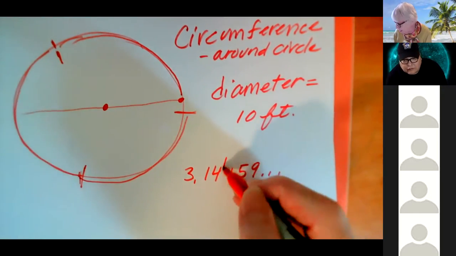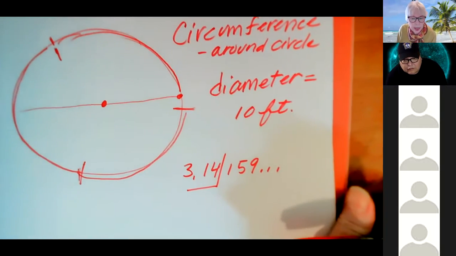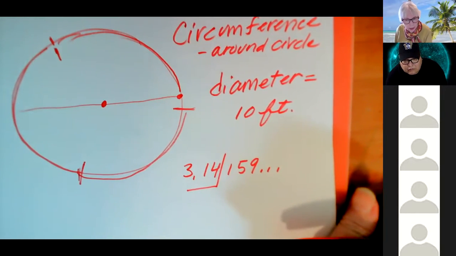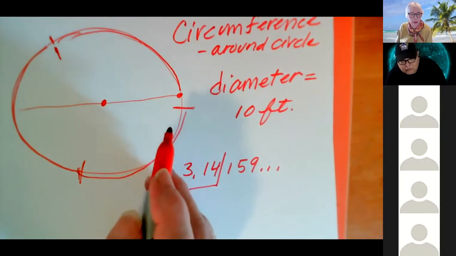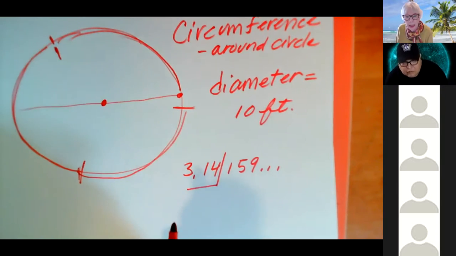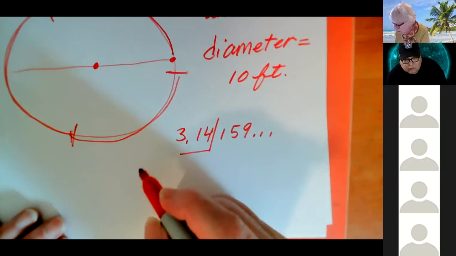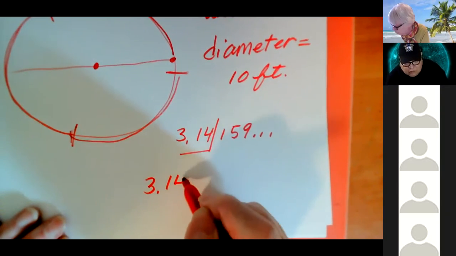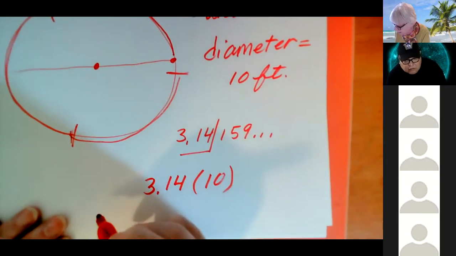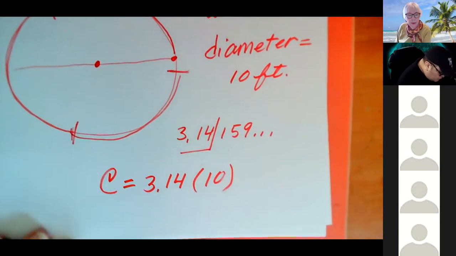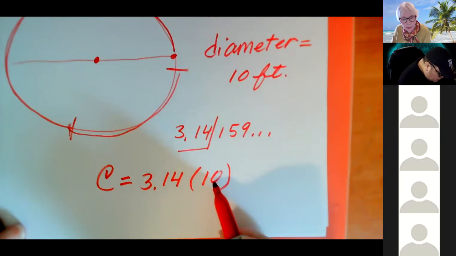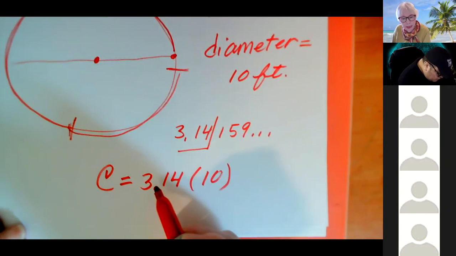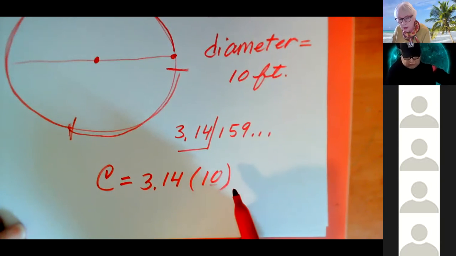On the other hand, many times they will round it to this number here because that's probably good enough to calculate. And you could still add a little bit just to be safe because we don't want to make this trip twice. And so literally, if you take 3.14 and multiply it by 10, and they use capital C for circumference. When you multiply by 10, remember what we've done before, multiplying by 10 is a decimal shift, 1 decimal place.